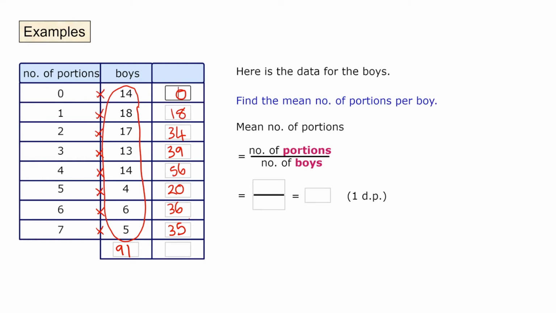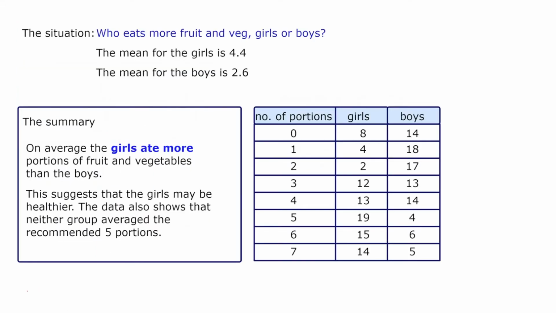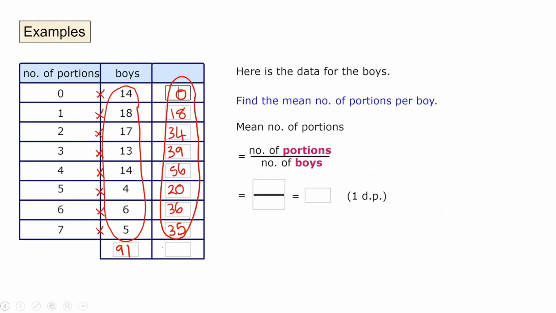Okay, so now what we do is we add up this column to find the total number of portions. So if you type that into your calculator to find the sum, you should have had a total number of portions of 238.